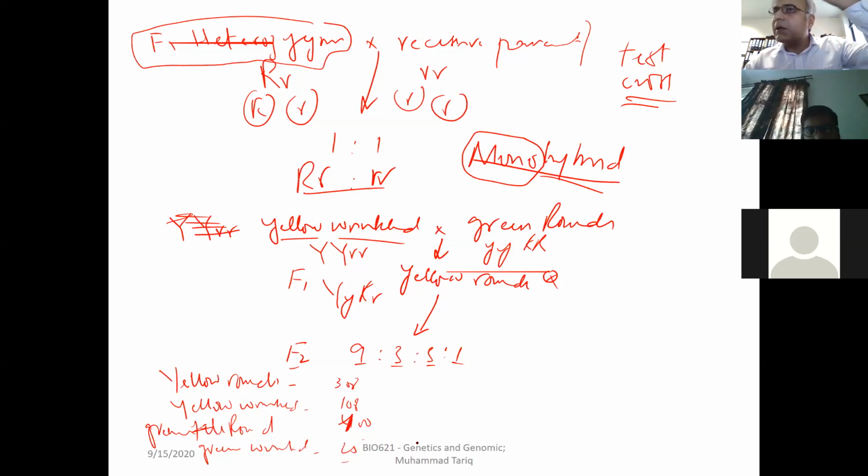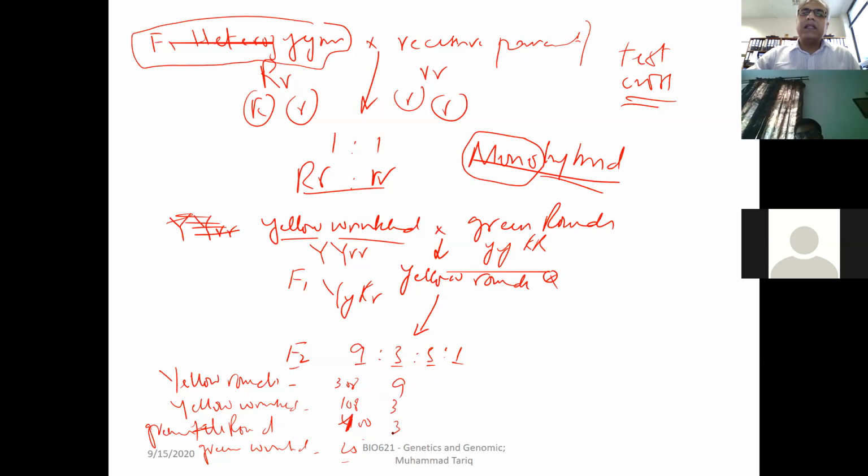These are just random numbers I'm throwing. Now, when he calculated, he found the ratio between these phenotypes is 9, 3, 3, and 1. And what he did, he tried to see if the yellow or green is interfering with round or wrinkled.